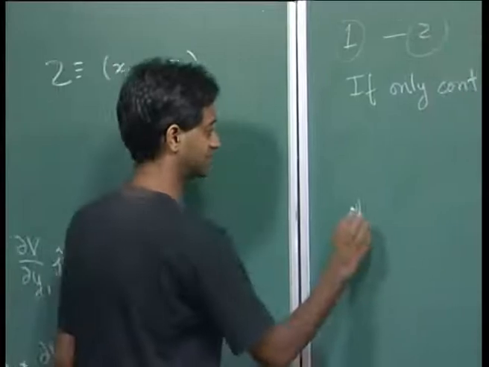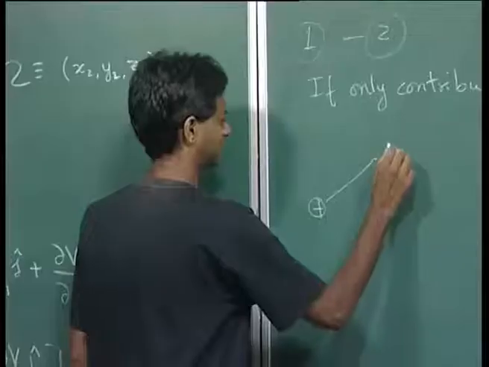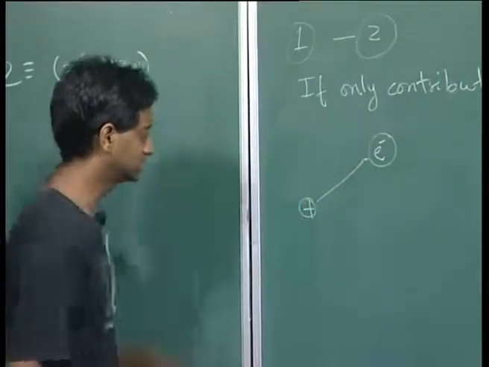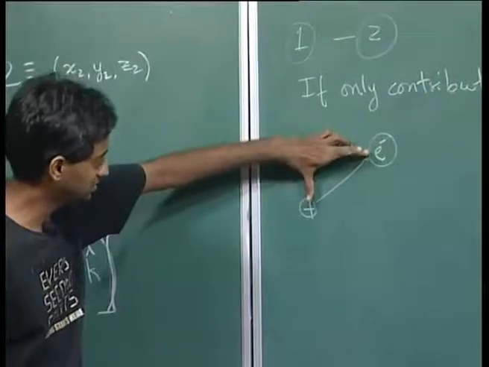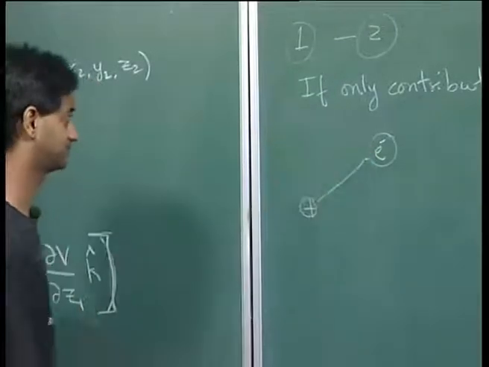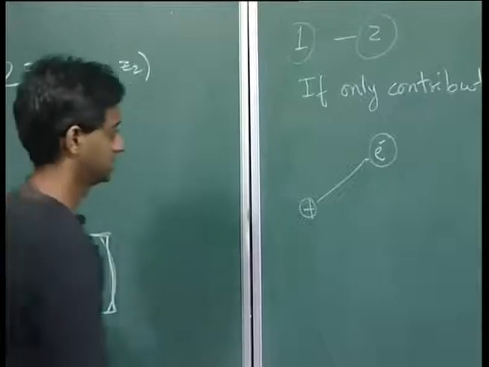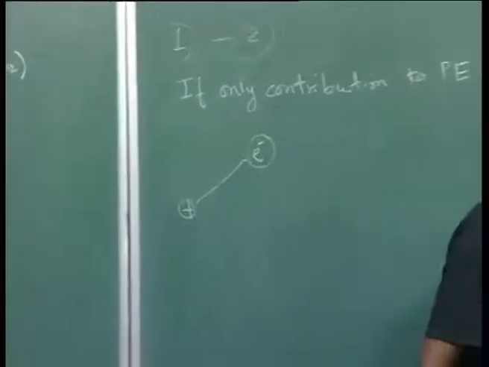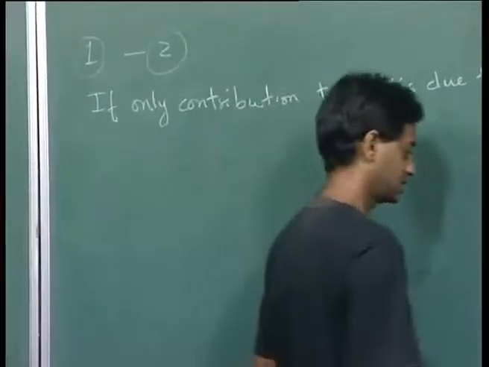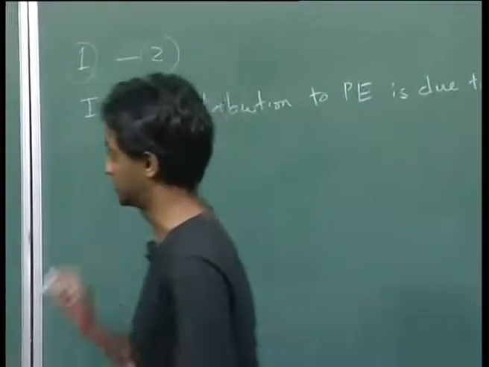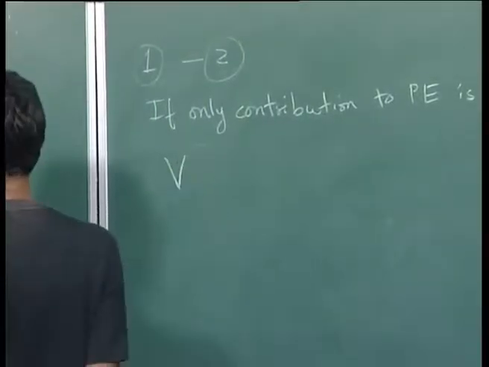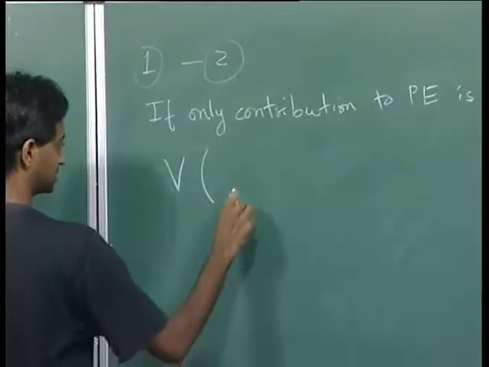For example, if you take the nucleus and the electron of the hydrogen atom, the only contribution to the potential energy is due to the interaction of the electron with the nucleus. So in such a case, your potential energy, which depends on the coordinates of both the particles, can typically be expressed in this form.